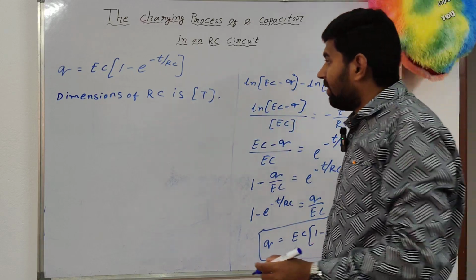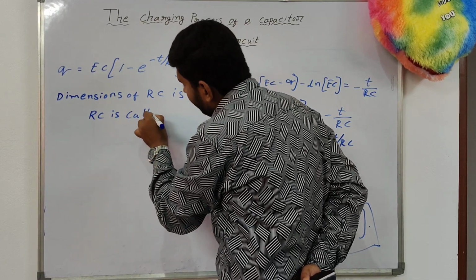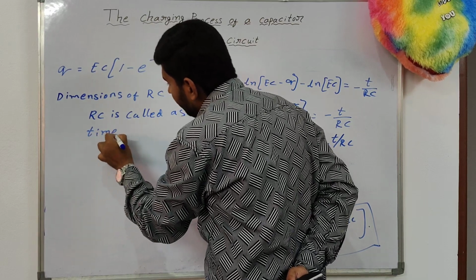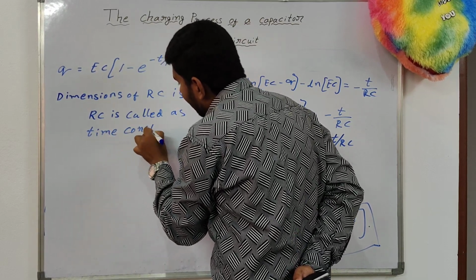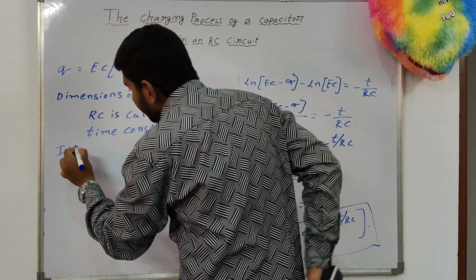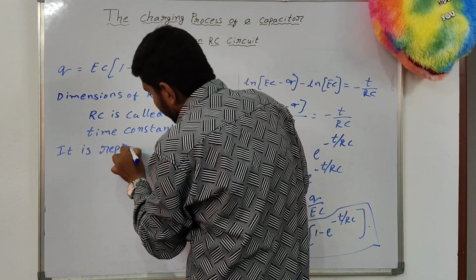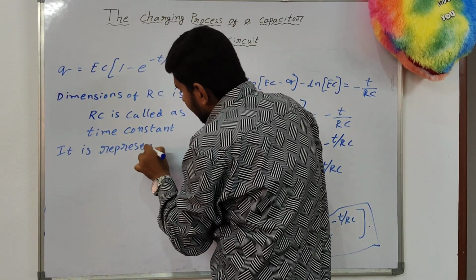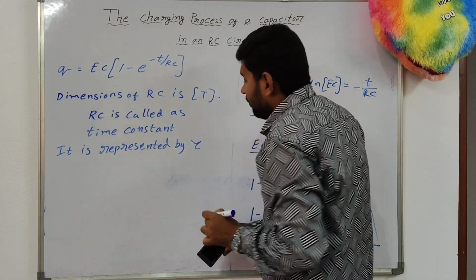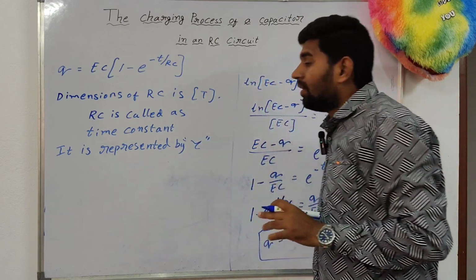Is that clear? Here RC is called the time constant. RC is called the time constant, and it is represented by the letter tau.